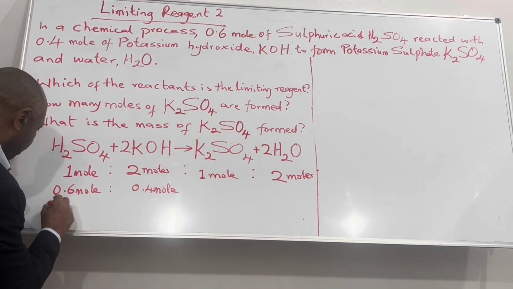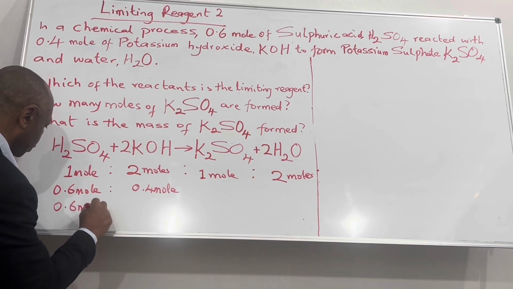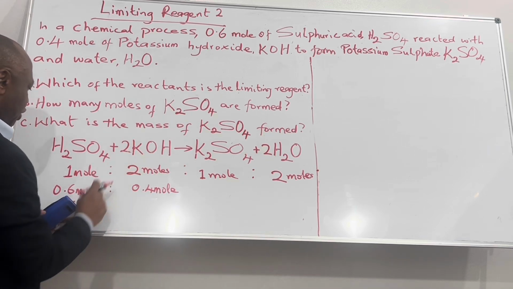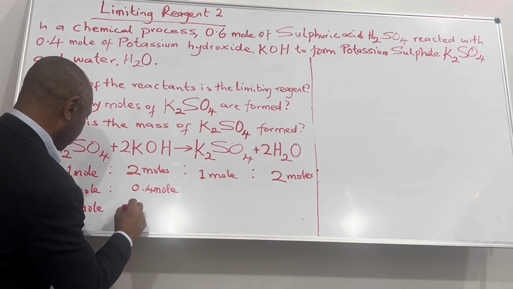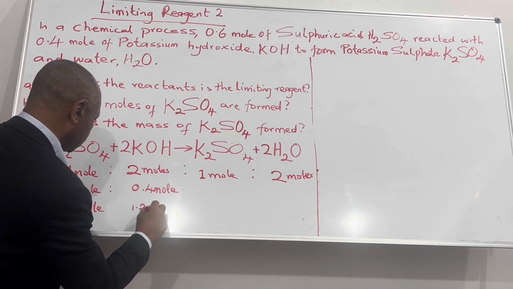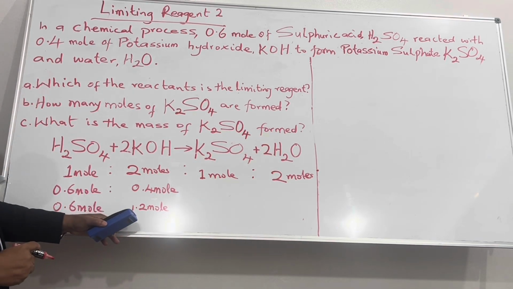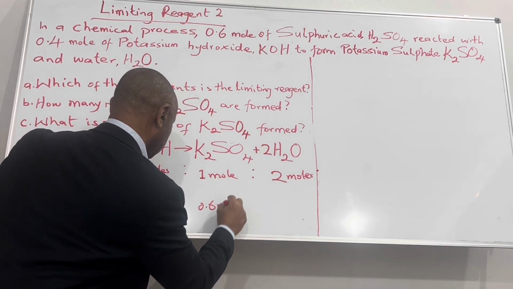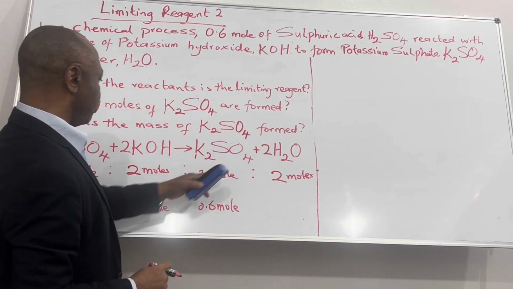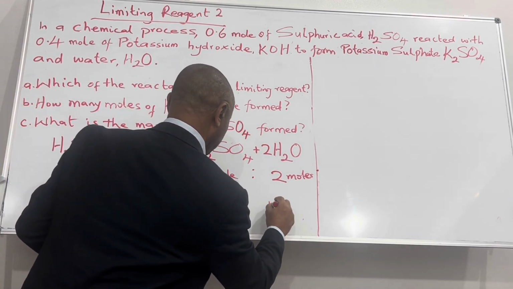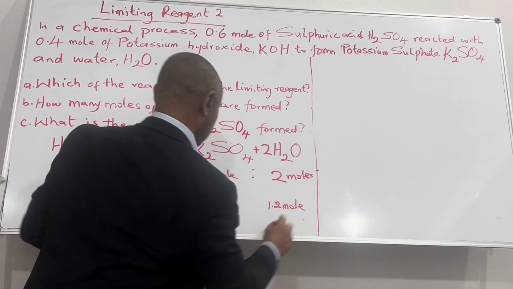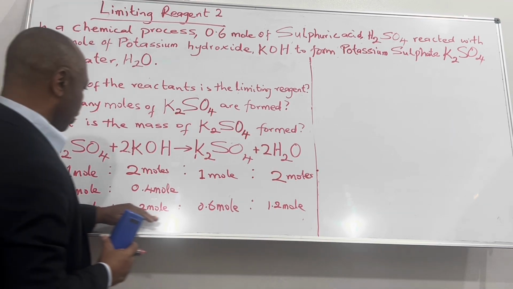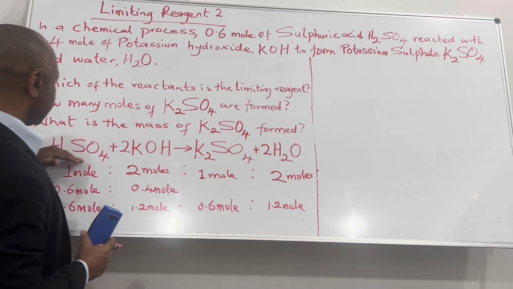If you have 0.6 mole sulfuric acid, you would need 2 times 0.6 mole potassium hydroxide, and that will give you 1.2 mole potassium hydroxide to give you 0.6 mole potassium sulfate and 1.2 mole water.